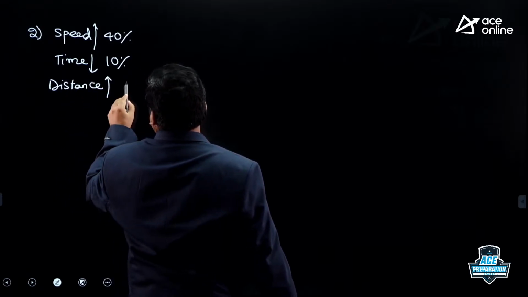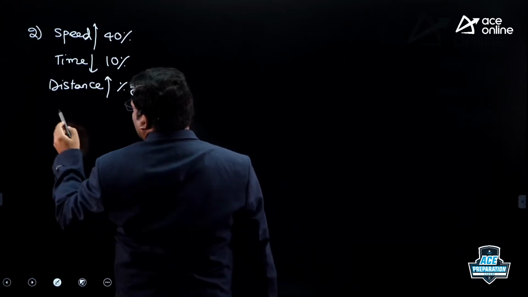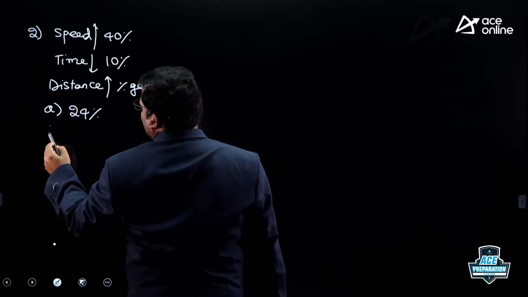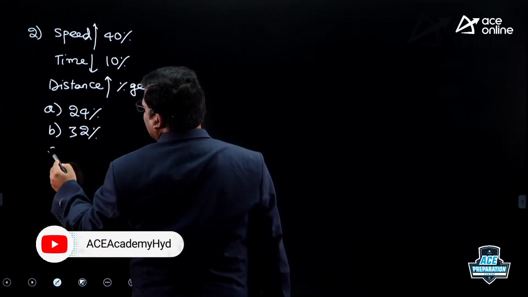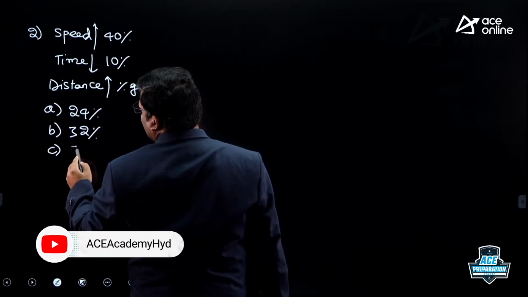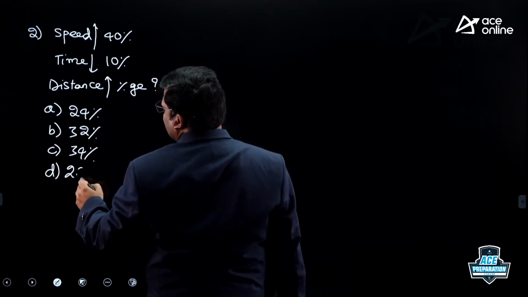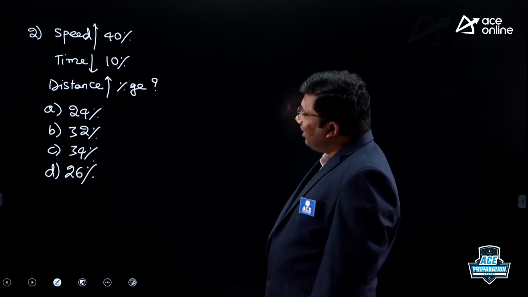Distance increases by what percentage? Options are 24%, 32%, 34%, 26%. Once you understand the concepts, then it will be very easy.